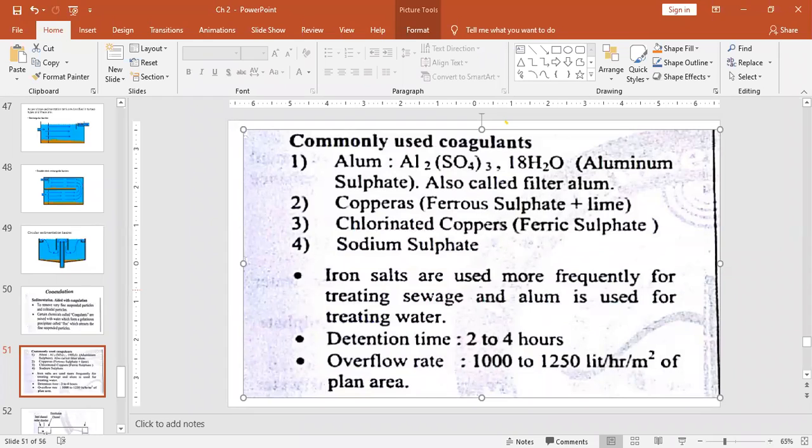There are two types of water treatment. One is water treatment for drinking purpose, and another is wastewater treatment. If we want to go for wastewater treatment, we can use the iron salts as a coagulant. Whereas for water treatment, we can use alum as a coagulant.